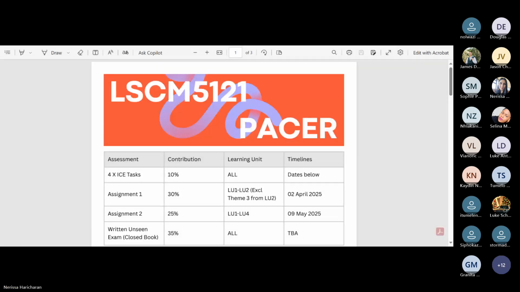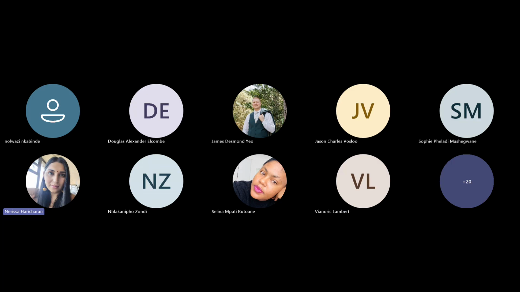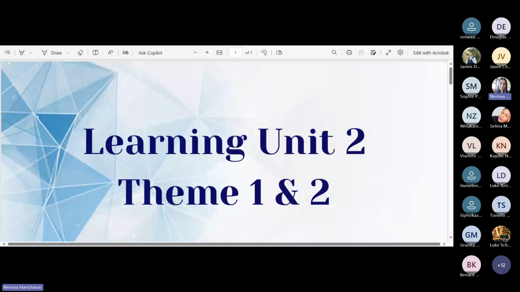Okay. I'm just going to share the slides quickly. Today, under Learning Unit 2, Theme 1 and 2, we are going into sourcing. It'll be a bit of an introduction into sourcing, the drivers, as well as any factors that contribute towards how you would source suppliers specifically.